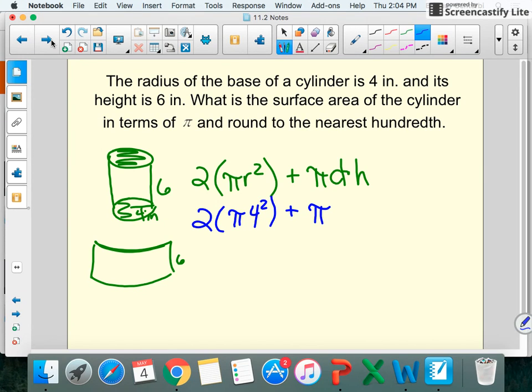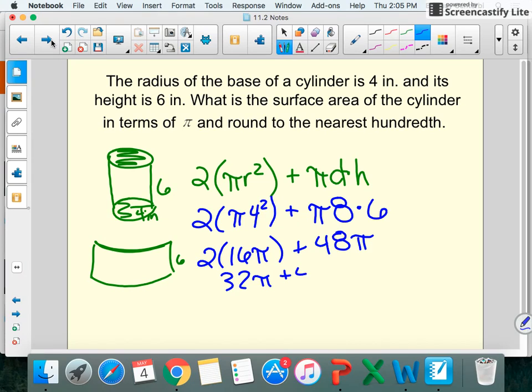If 4 is my radius, double it, 4 times 2 gives me 8. And then times 6 is my height. From there, we're going to calculate it. 4 times 4 is 16, so you get 16 pi plus 48 pi. But we have to double the 16 pi, so you get 32 pi plus 48 pi. Then you just add those together, and that will give you 80 pi inches squared for the cylinder.